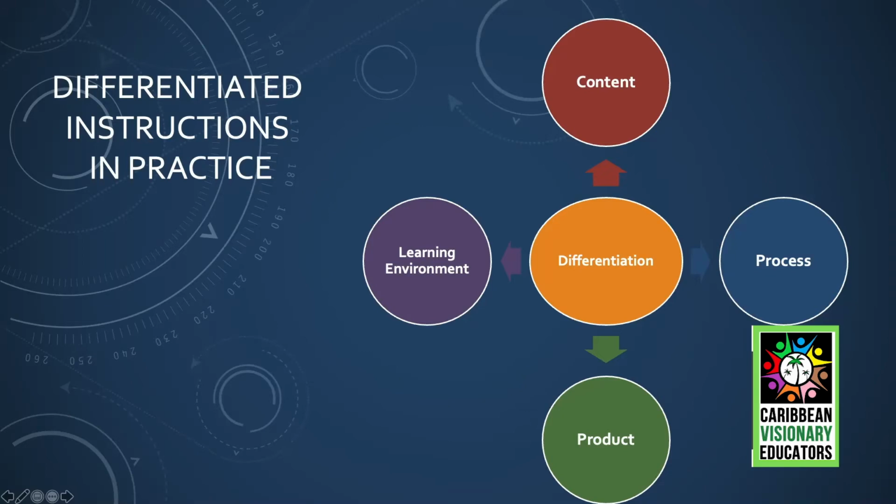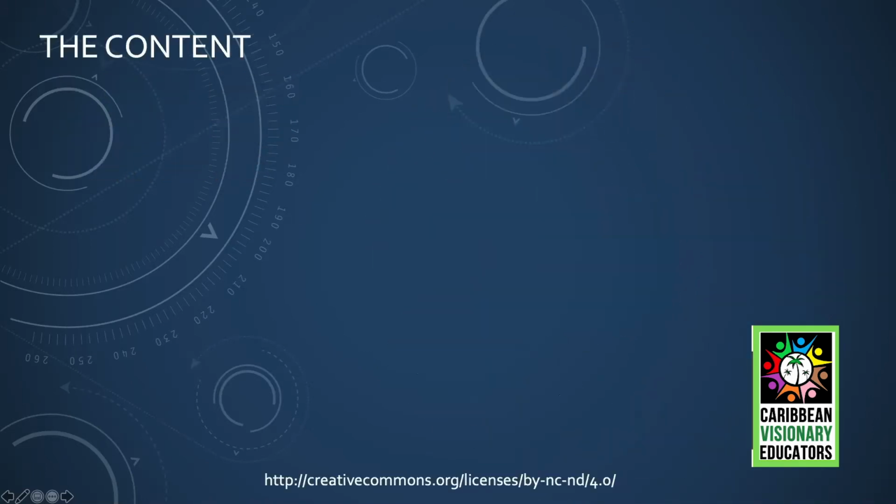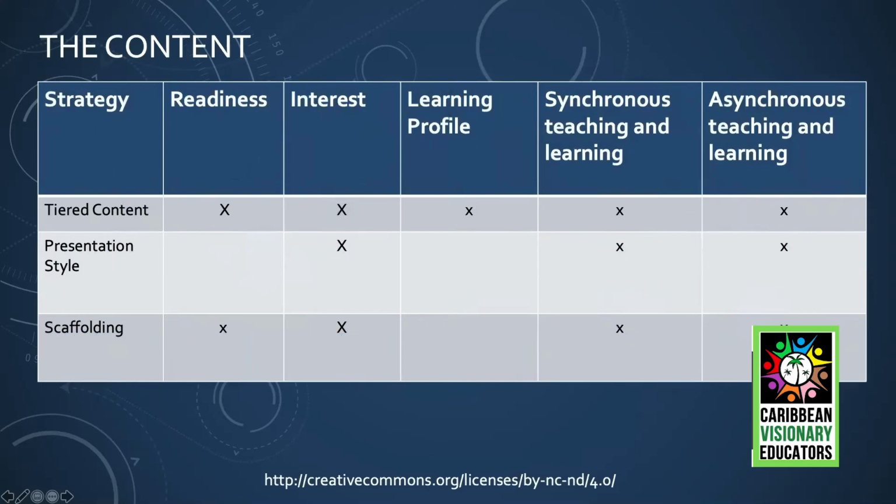And I want to just give an overview of some of the strategies that we can use to ensure that these are gained as we go through. Now, when we look at content, we're talking about tiering the content in such a way that students complete activities. However, the content is varied based on difficulty. So you have to know the student's readiness. You have to know their interest. You have to understand their learning profile.